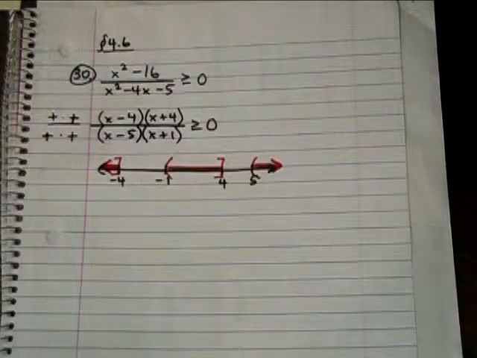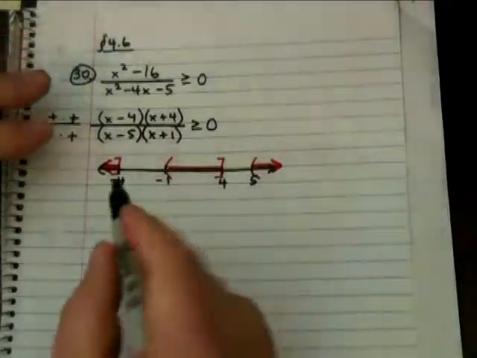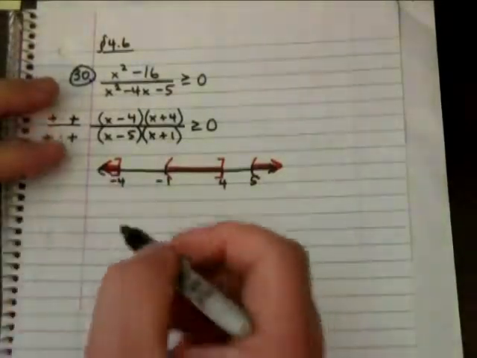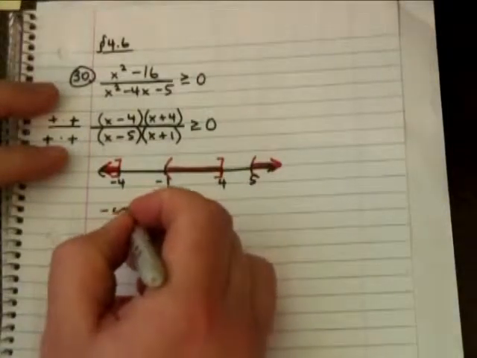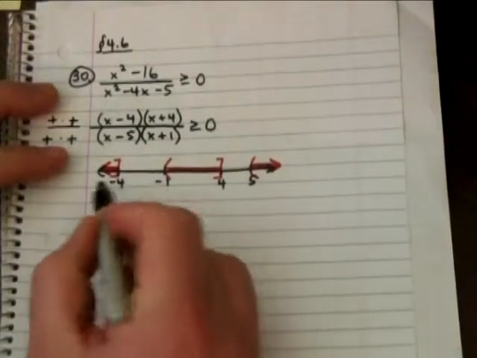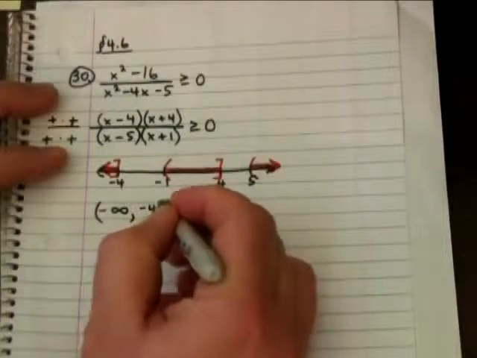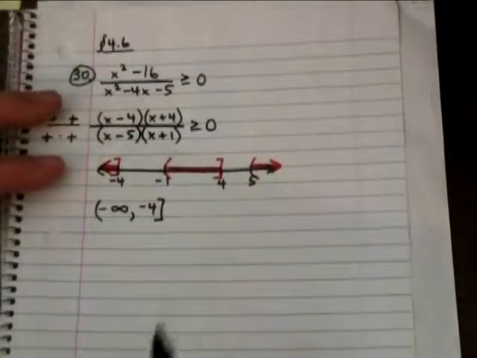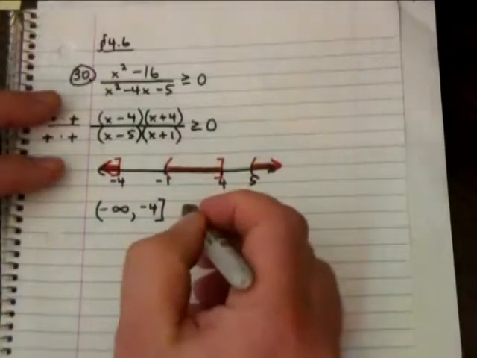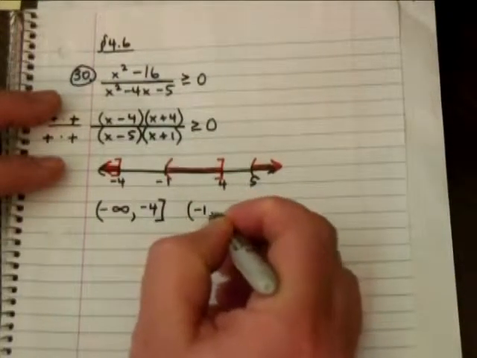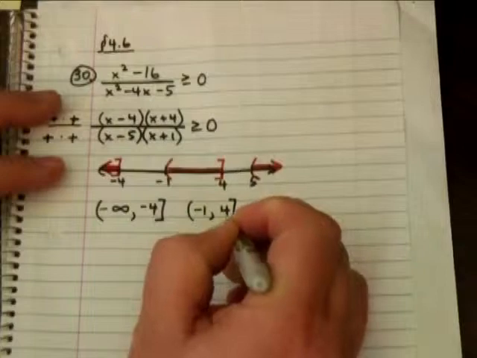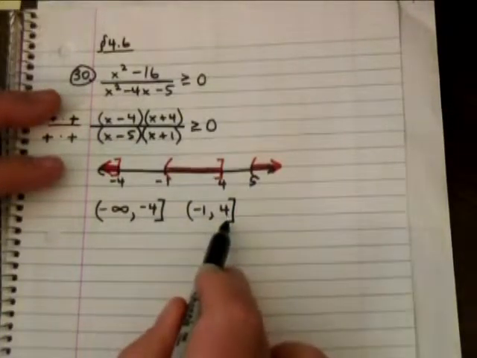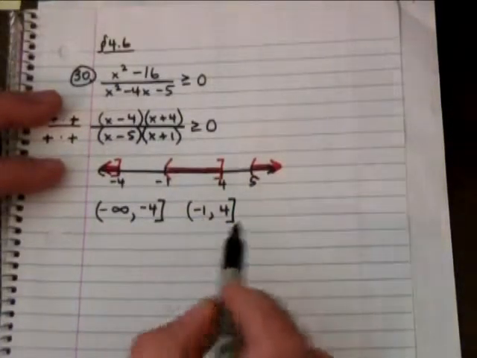So if I were to write my solution out in something called interval notation, my solution could go all the way to the left as far as you want. So we call that -infinity. And it kind of stops abruptly at -4, but it does include the number -4. And then I have this interval that is part of my solution that goes from -1 up to +4, where I am including the 4 but not the -1.